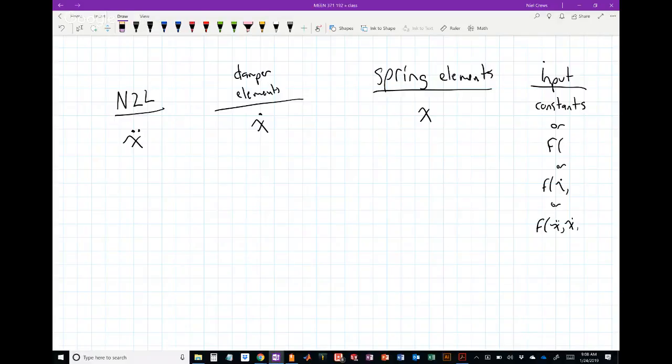Oh, excuse me. There should be t's. So if there's a diagram and there's an arrow with an F, those are these inputs.